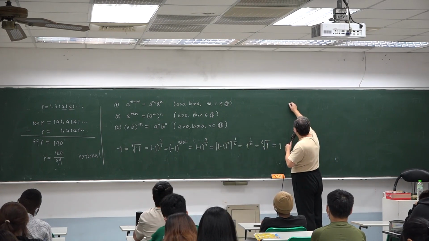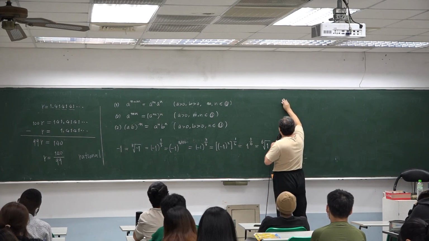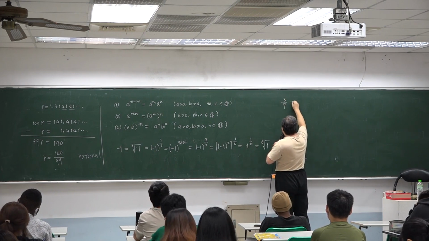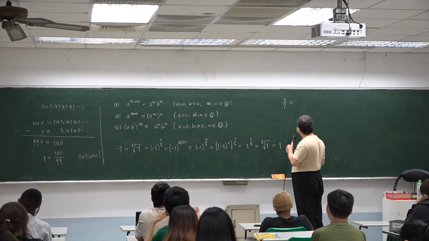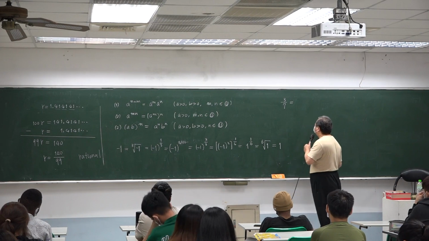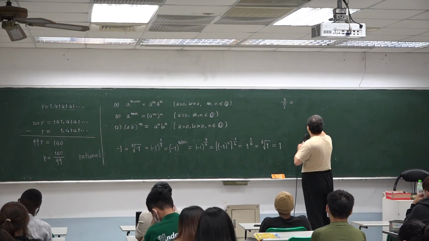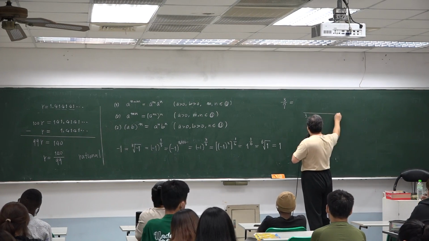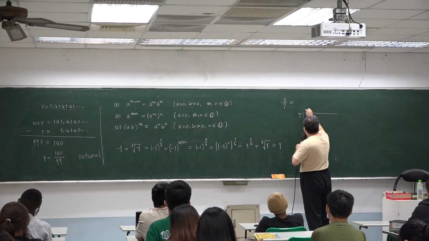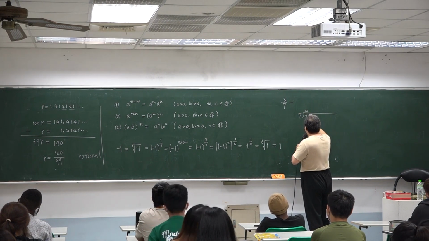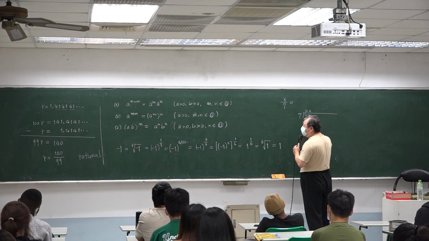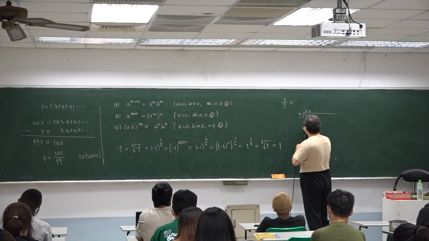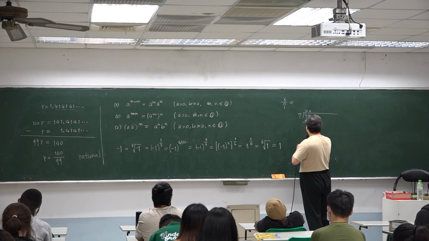Okay, for example, how to express this as a decimal? Of course, we divide 3 by 7. The remainder must be 0 or an integer less than 7. Here is 2.